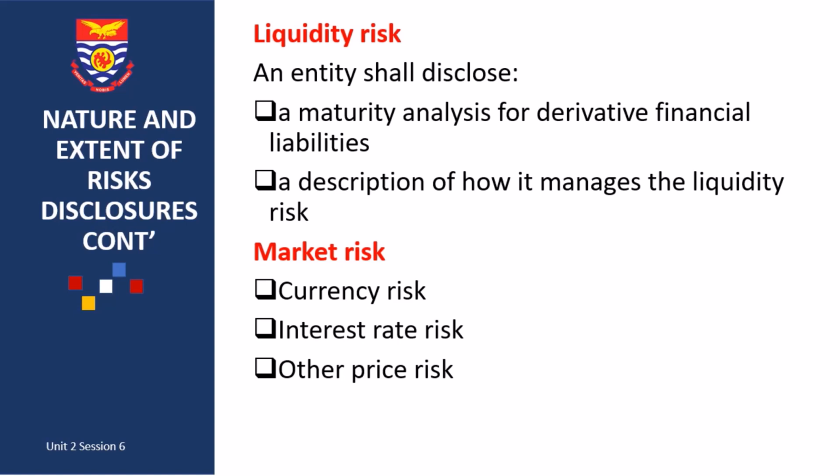Then we have the last one, being the market risk. With the market risk, you have to disclose the currency risks, the interest rate risks, and other price risks. So these are the three items that must be disclosed in the financial statements when it comes to market risks: currency risks, interest rate risks, other price risks.